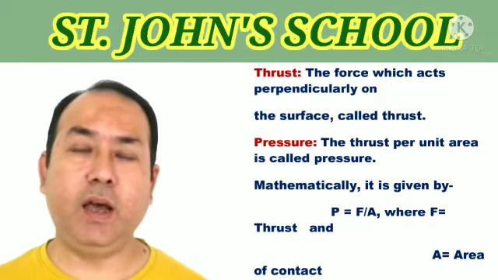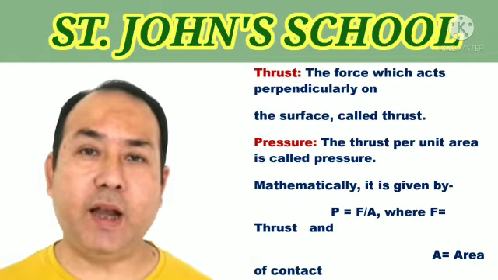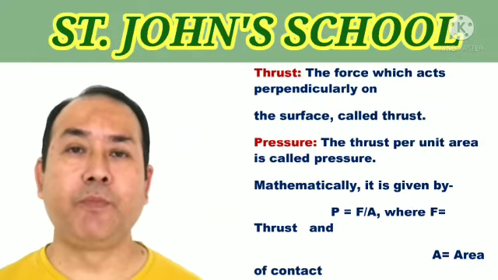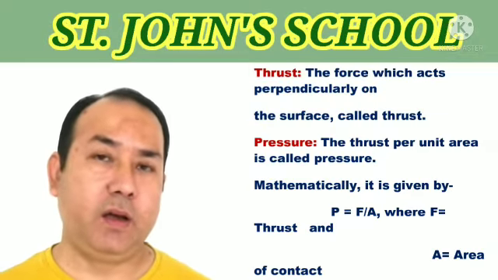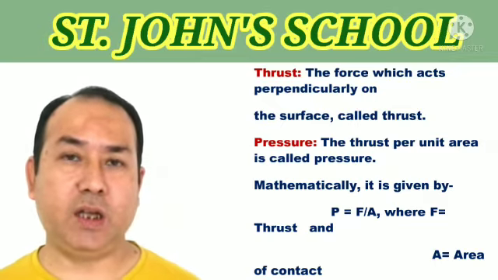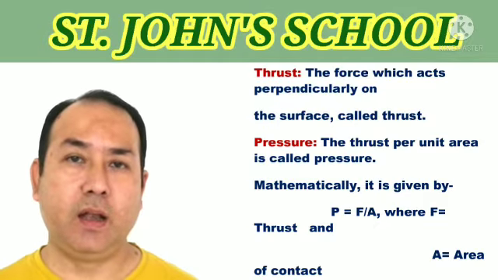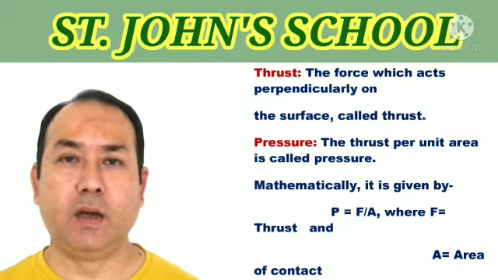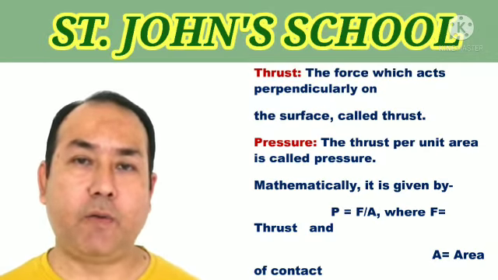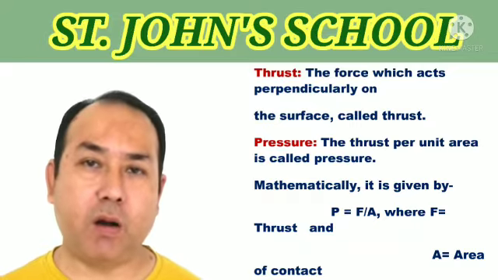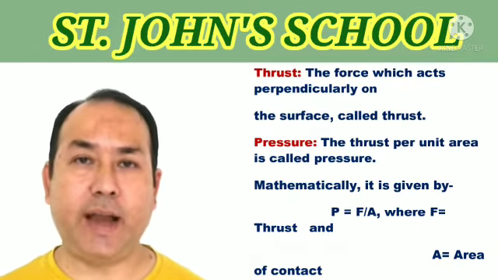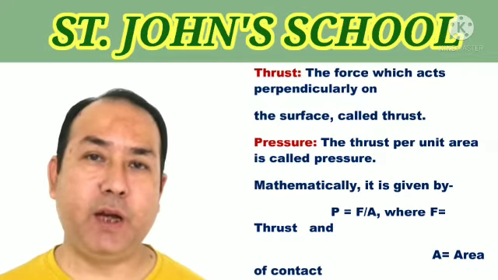Now today in this video you'll be learning about another term, that is pressure. Under this topic you'll get the answers to questions such as why the knife is made sharp, why the bottom of the foundation of the building is made broad, and why the dam base or bottom is made broad.